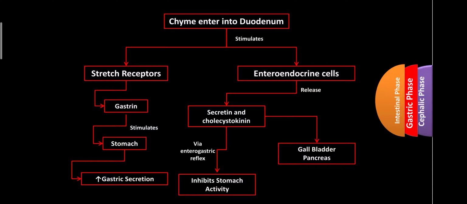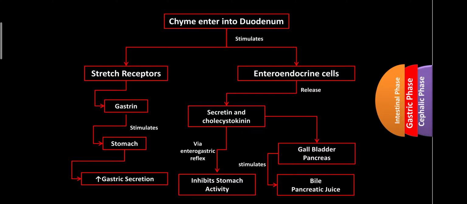The bicarbonate helps convert the chyme to basic, because it is acidic in the stomach and on entering the duodenum it is highly acidic, but it is neutralized by bicarbonate secretion from the pancreas. Pancreatic amylase is involved in the metabolism of carbohydrates, and the bile from the gallbladder helps in the digestion of fat. Due to stimulation of the gallbladder and pancreas, bile secretion and pancreatic juice increase.